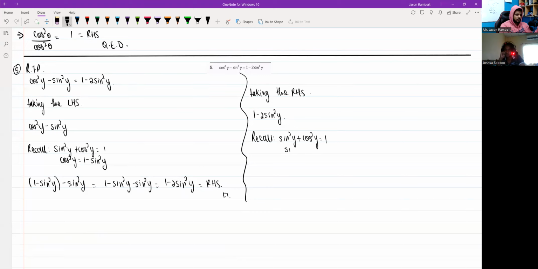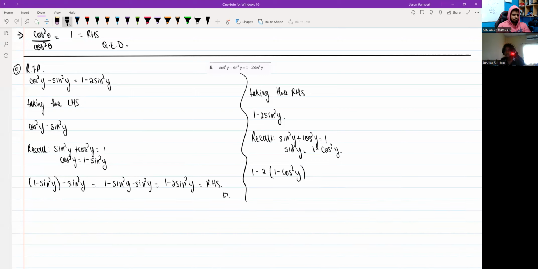So therefore, sine squared y is 1 minus cos squared y. Agreed? Now I want you to pay attention and help me here. 1 minus 2 sine squared y is 1 minus cos squared y. I end up with cosine alone. How am I going to incorporate a sine inside of here now?